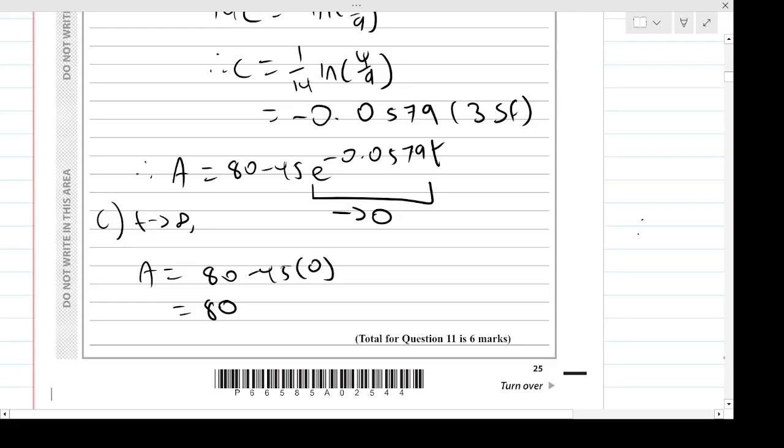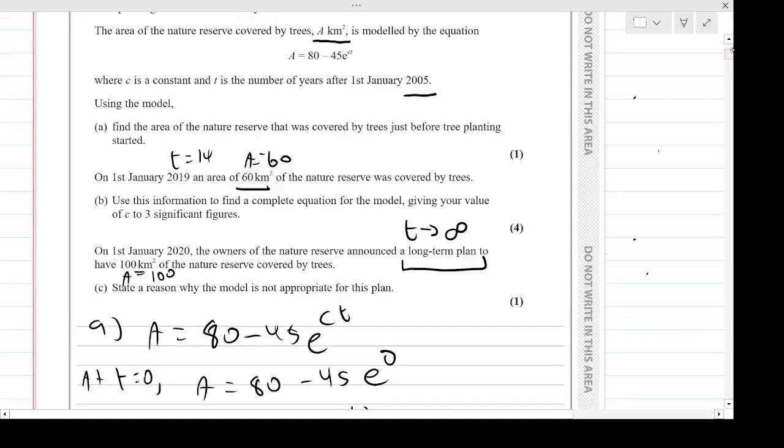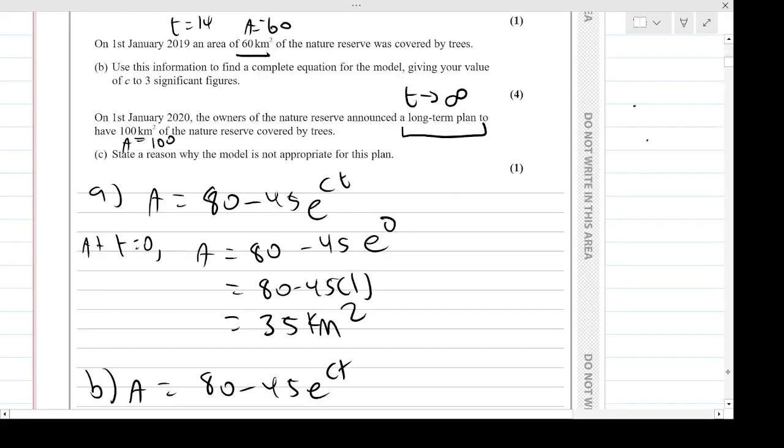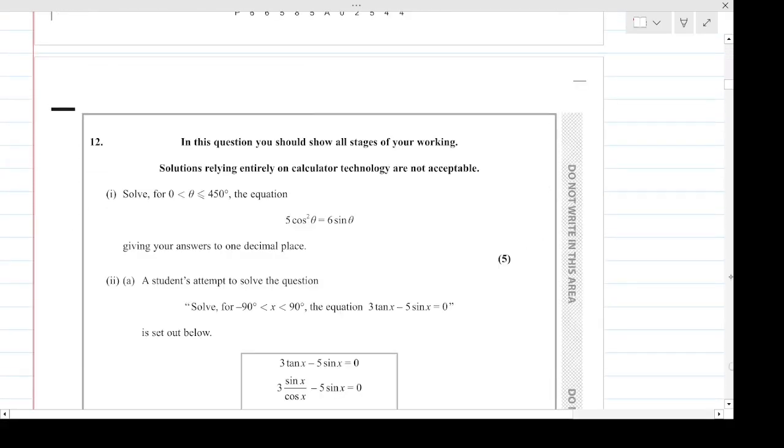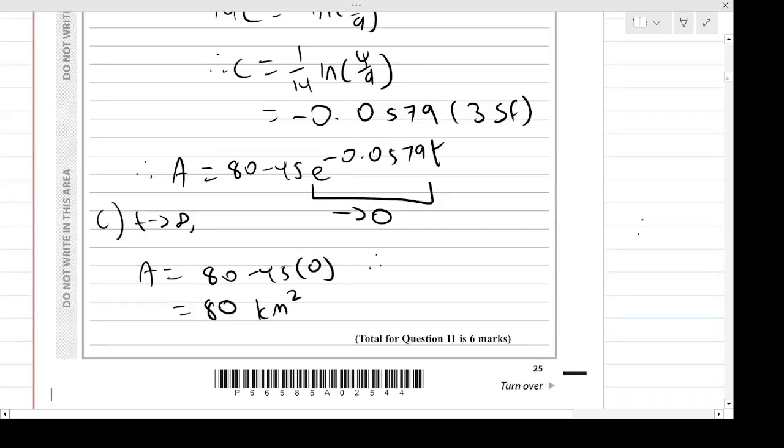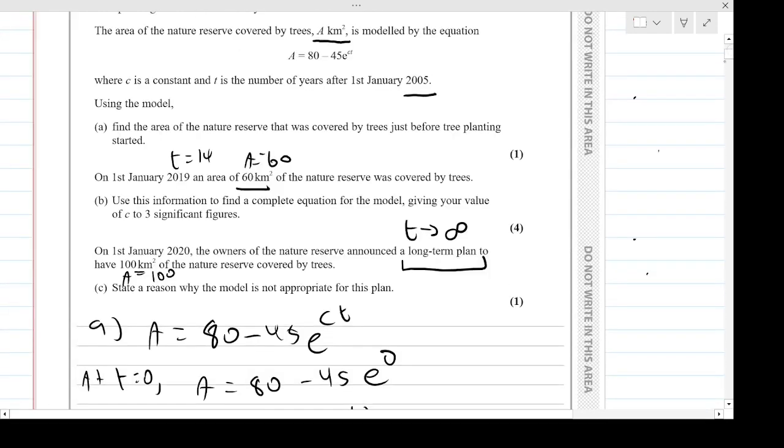In the long term, a can only go up to 80 kilometers squared of area, which means 100 kilometers squared isn't a possibility according to the model. So I'm going to say the model is not reliable. What was the phrasing they used? Appropriate.